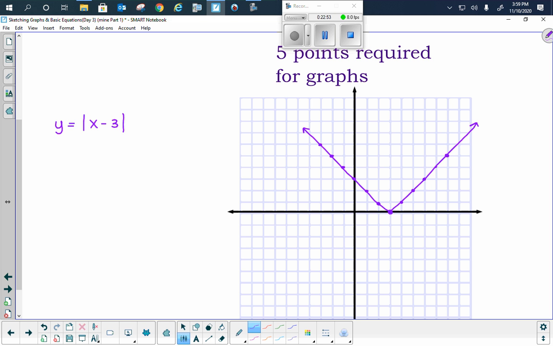So we'll make the note to please extend to go through x and y axes.